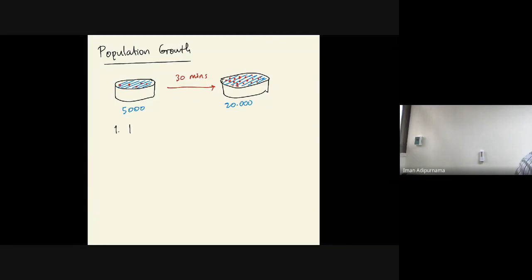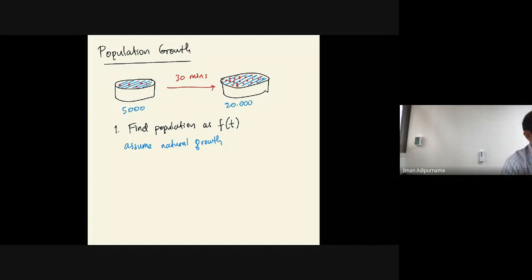First, find the population as a function of t. What you need to write first is to assume natural growth, because we don't really know what happened in the information.